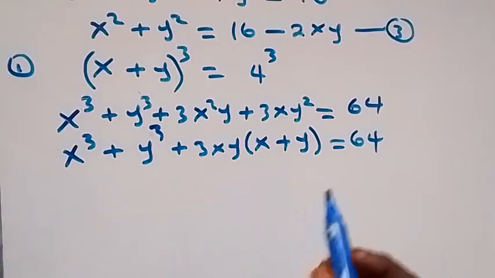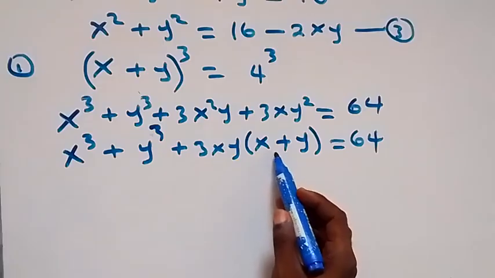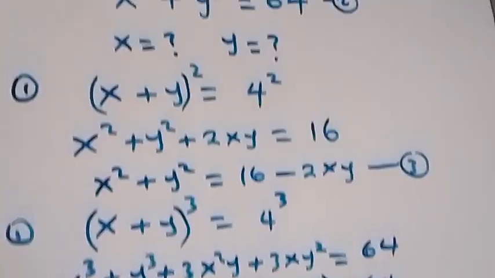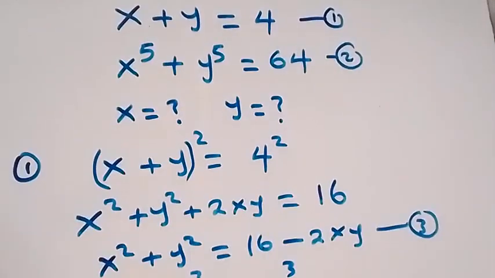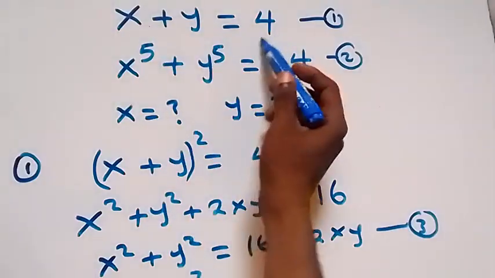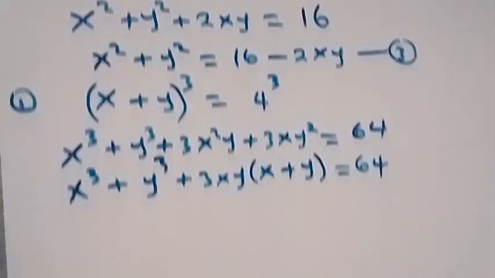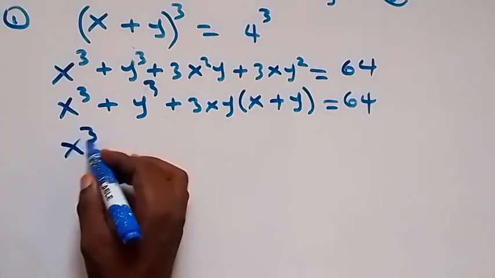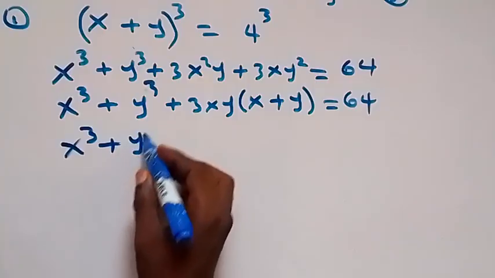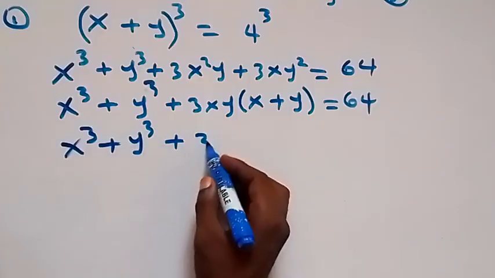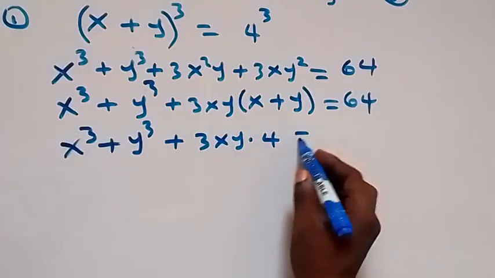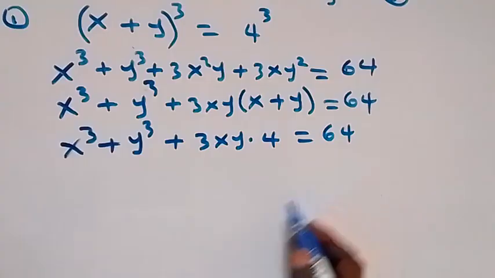Also, let's substitute now x plus y. From equation 1, x plus y is 4. So when we replace x plus y with 4 here, this will become x raised to power 3 plus y raised to power 3 plus 3xy times 4, which equals 64.